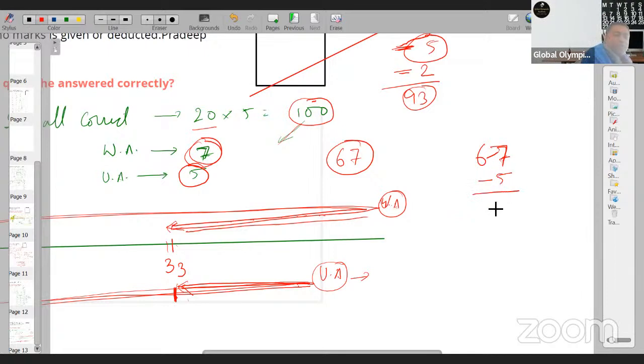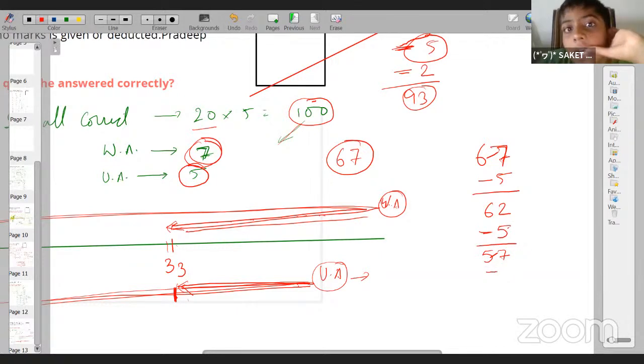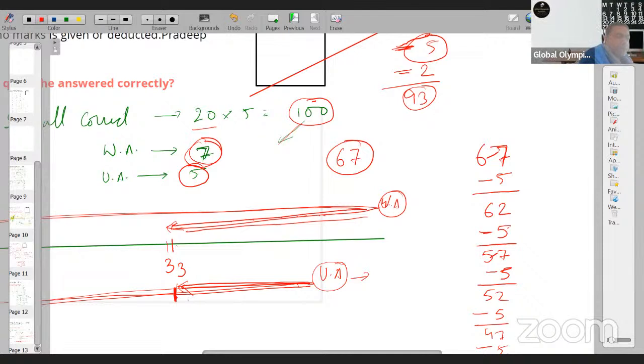So 67 minus 5 is 62. This is not a multiple of 7. Then I again subtract 5 and get 57. This is also not a multiple of 7. Subtract 5, we get 52. No. Then 47, no. Then 42. 42 is a multiple of 7, right?